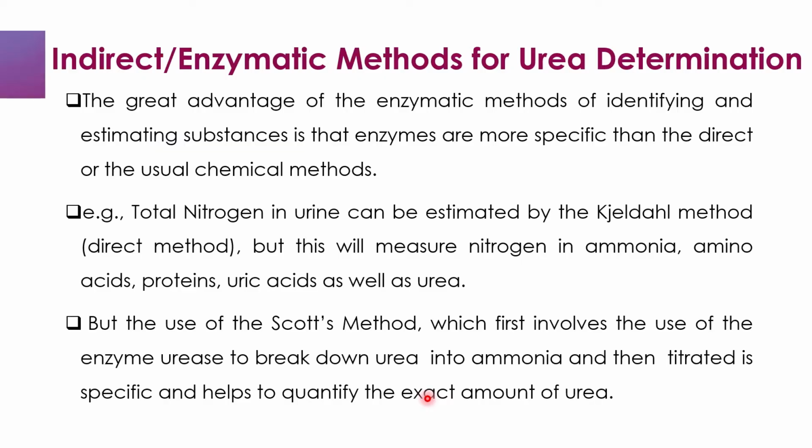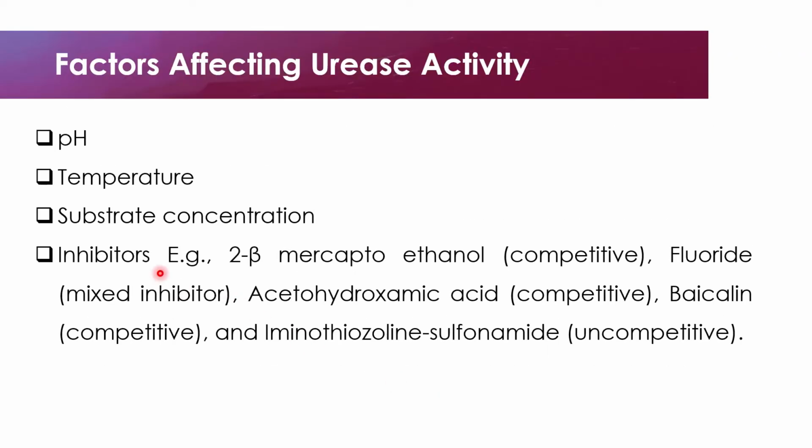Let's look at some factors affecting urease activity. The first has to do with pH, the second temperature, the third substrate concentration, and the fourth inhibitors. Let us look at some examples. We have 2-beta mercaptoethanol as a competitive inhibitor. We also have fluoride as a mixed inhibitor.